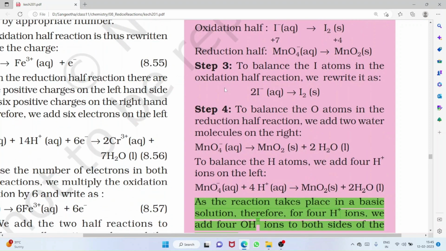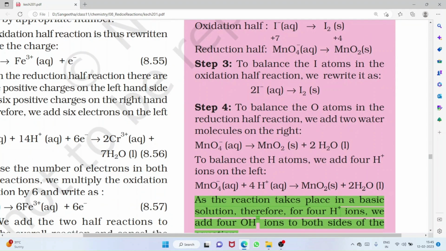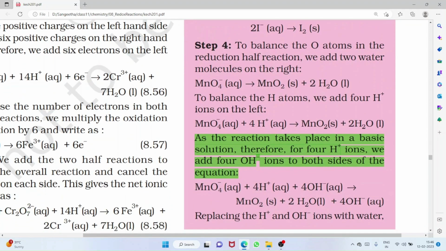Then balance the iodine. Then balance the oxygen atoms with water molecules here. To balance the hydrogen atoms, we add 4H plus ions to the left. So here 4H plus ions for these 4 hydrogens.